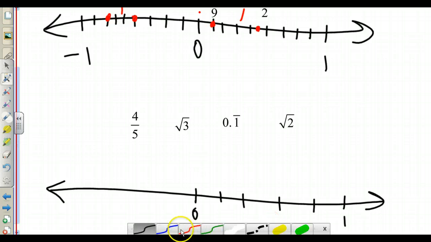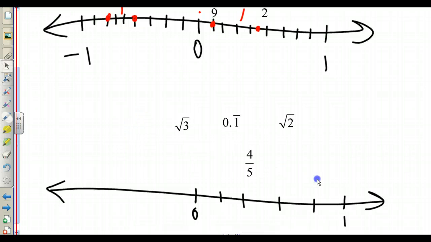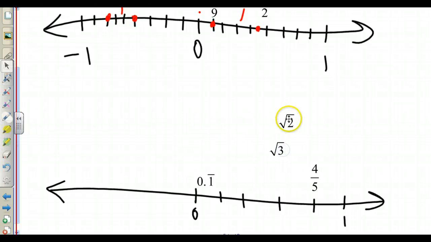And so approximately, let's try to put these numbers where they should go. 4/5 might be somewhere around there. 0.1 is hard to put on here, but somewhere in between, this would be 0.2, so between 0 and 0.2. Square root of 3, not sure exactly. We might need to get a calculator out to figure this out. And square root of 2 might be a good idea to get a calculator for this stuff.